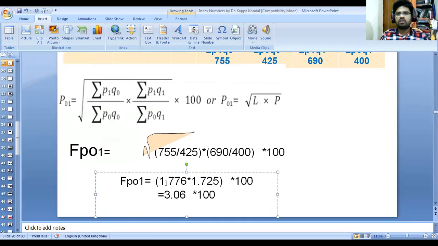Here, under root 1.776 into 1.725, up to here under root, and into 100. After multiplying these two, you will get under root 3.06 into 100. So when you cancel the root, how much are you going to get?